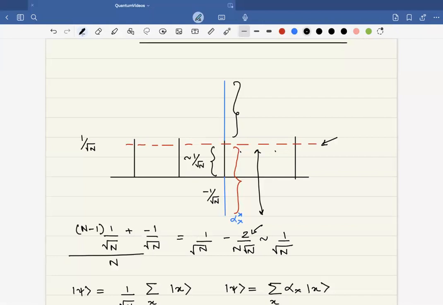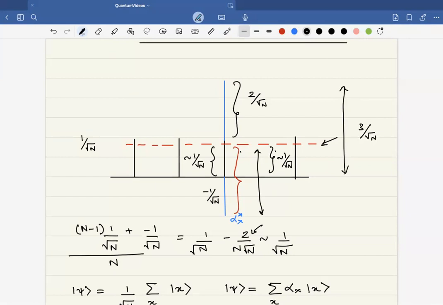And so when I reflect about the mean, this is going up by 2 over square root of n. This is nearly 1 over square root of n. So my amplitude of the marked element, if I count, from here, the height is 3 over square root of n.